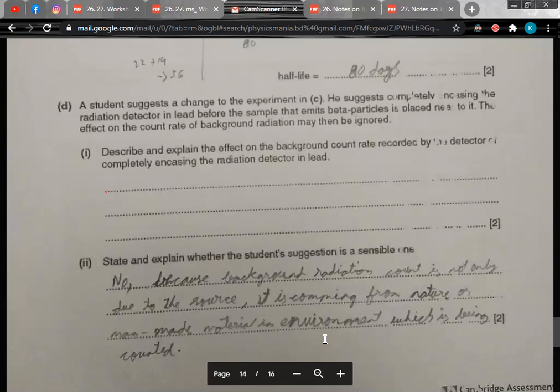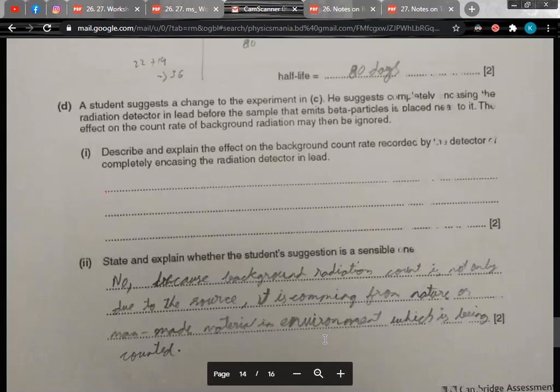encased in lead, then alpha and beta from background radiation will be stopped. But if there is gamma in background radiation, that cannot be stopped. They didn't mention the lead length, so it can also be that the box of lead is too thick for gamma to pass.